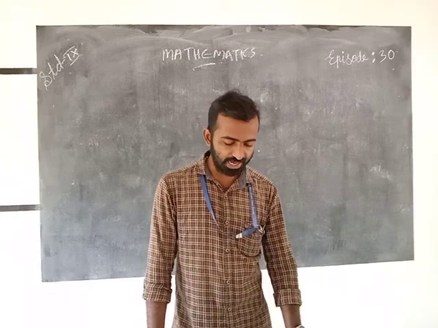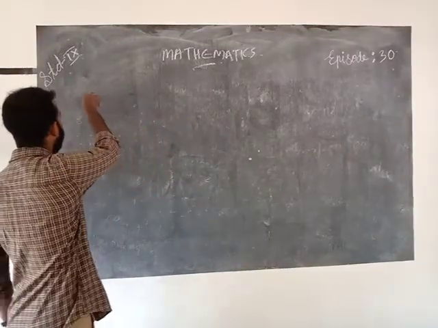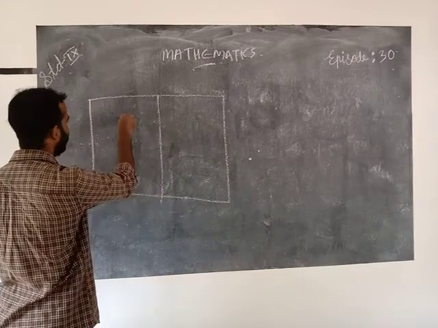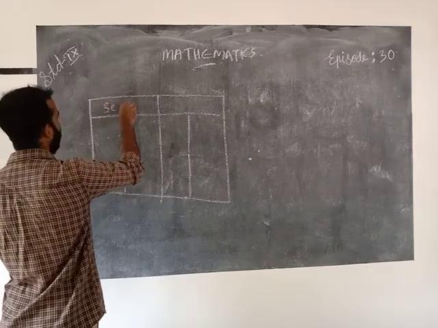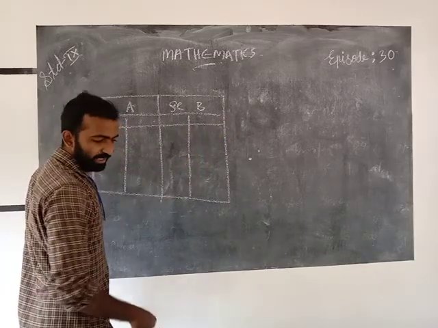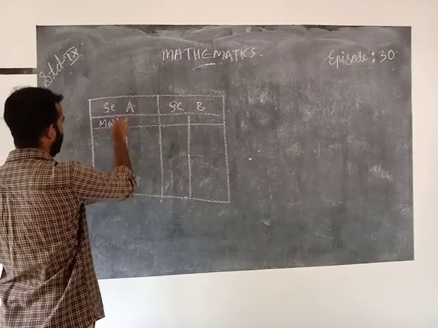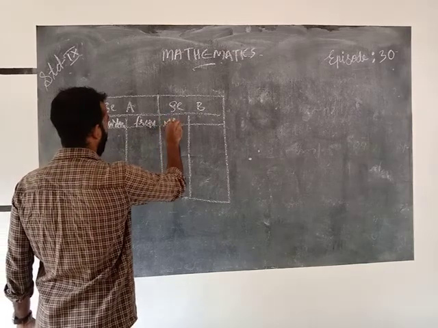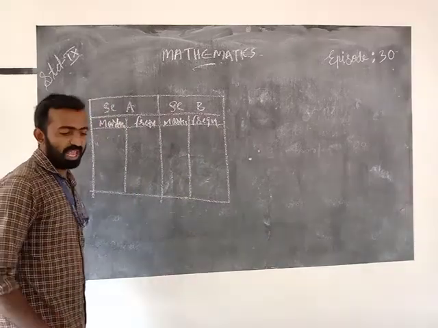That is section A and section B. There is a table, with section A, section B, and marks and frequency.